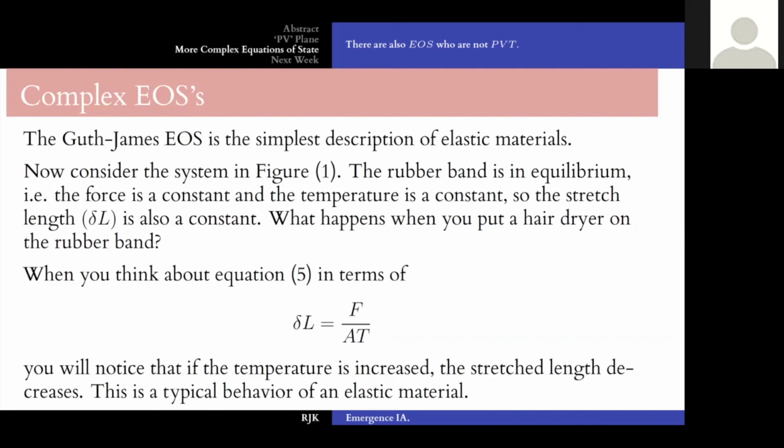You heat up a steel wire, and if it were subjected to a constant force, it would increase in length, unlike a rubber band that decreases in length. That's why roads buckle. When it gets hot, the road buckles because it is increasing in length.